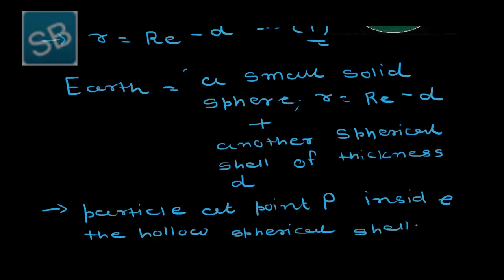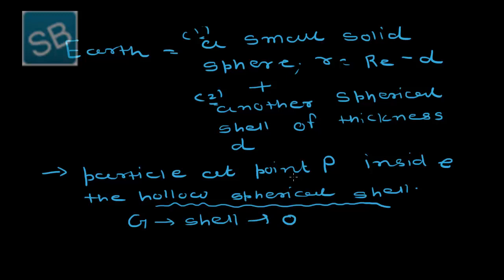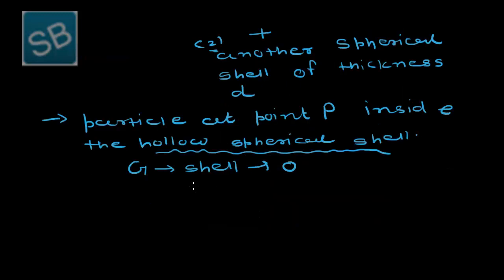So actually it is in this first combination of the earth's surface and it is in the hollow spherical shell, and hence the gravitational force on this particle due to shell is zero because it is inside, and so there is no effect of outer surface. Moreover, this particle is also on the outer surface of the small sphere of radius r.